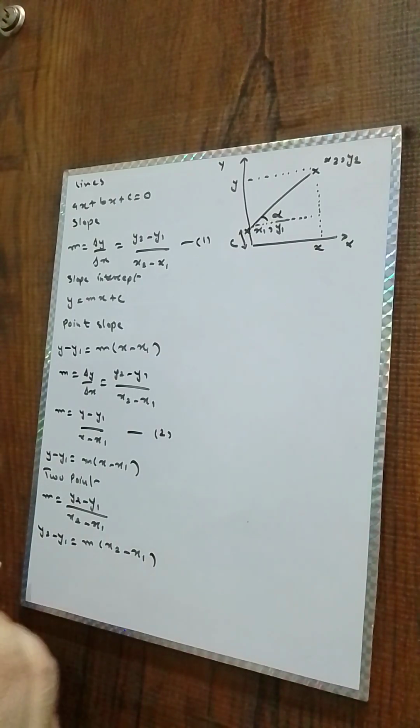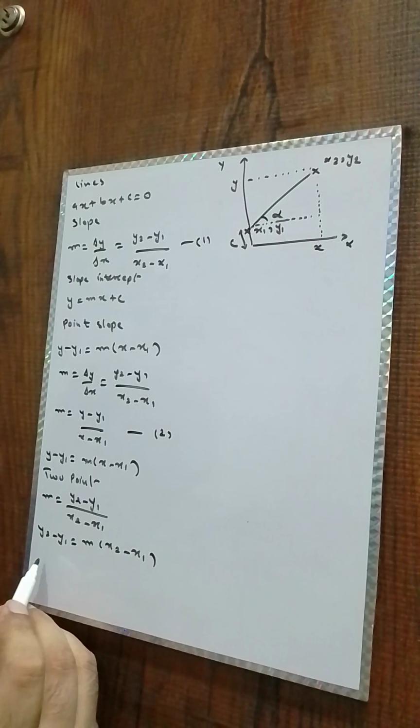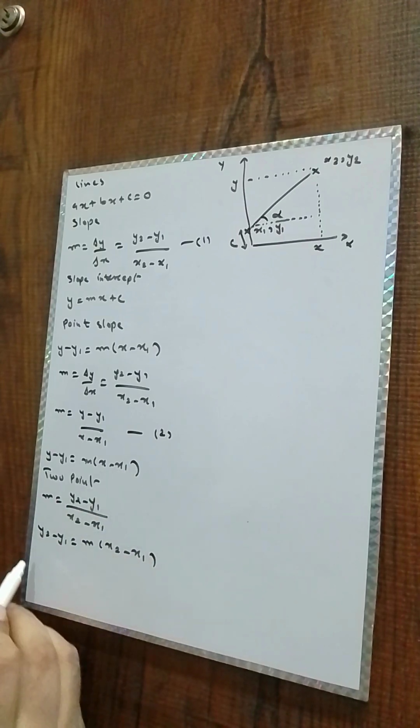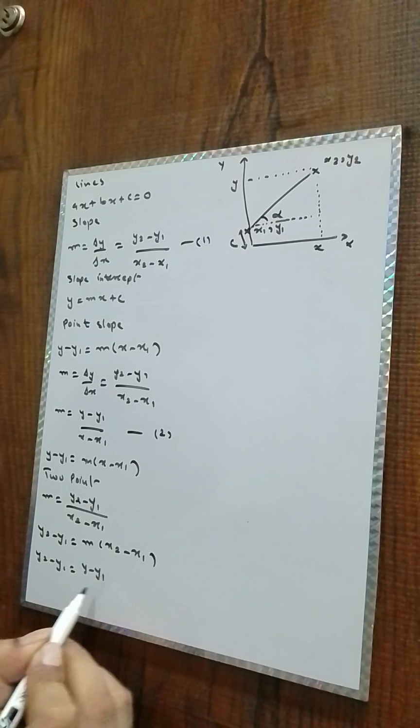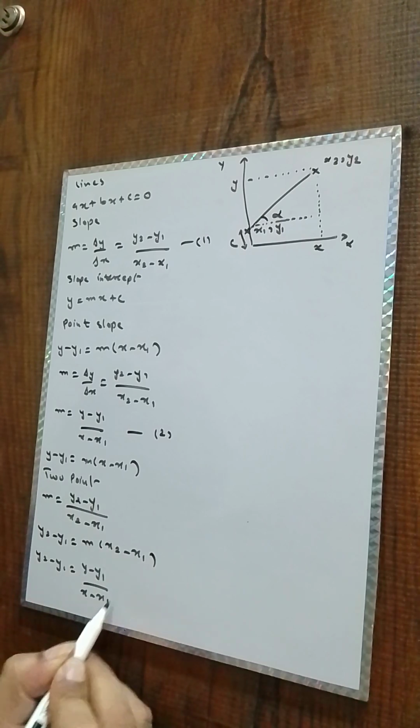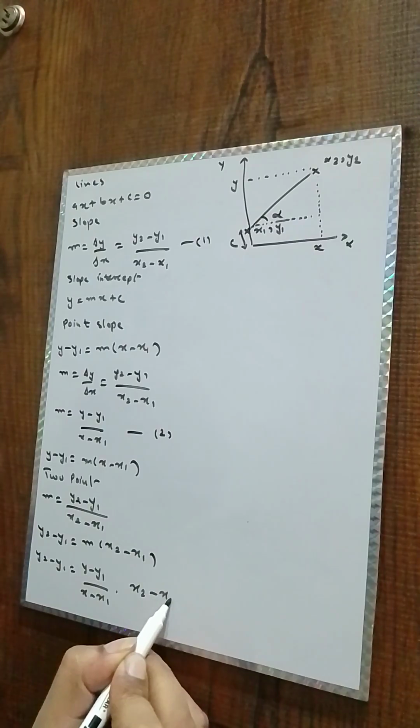We use the form of m from equation 2, so y2 minus y1 is equal to y minus y1 by x minus x1 times x2 minus x1.